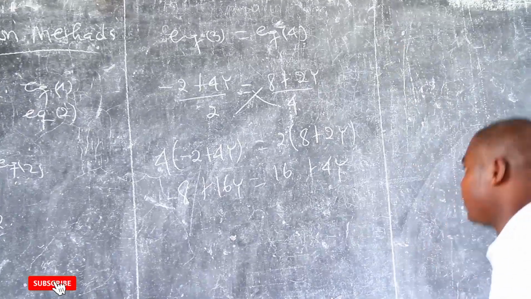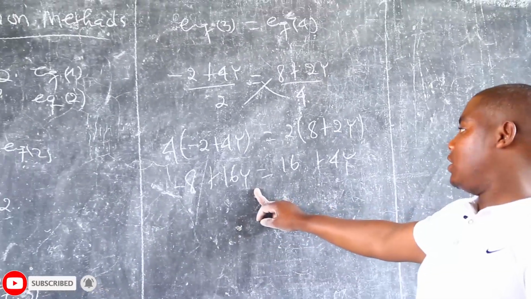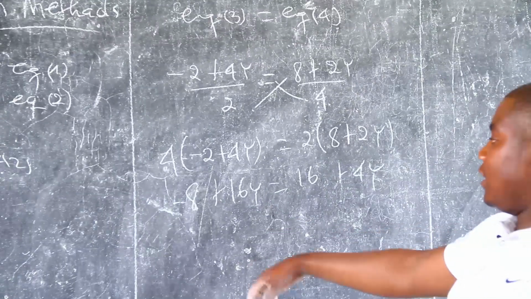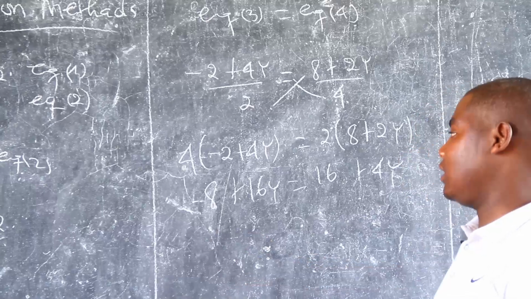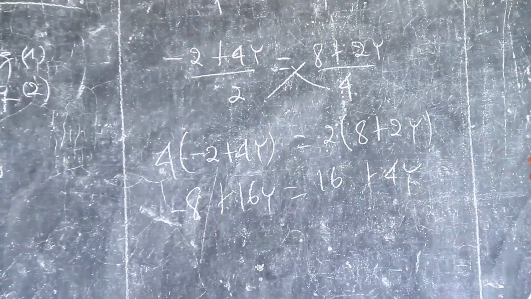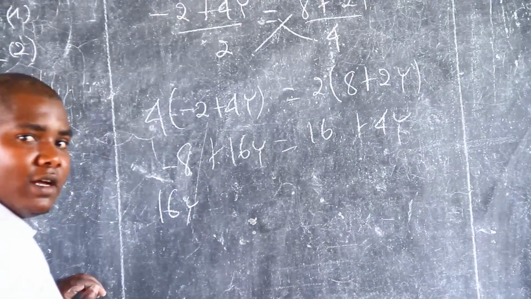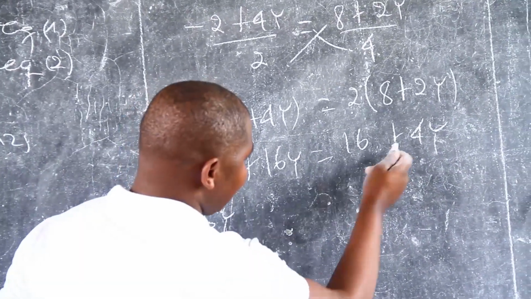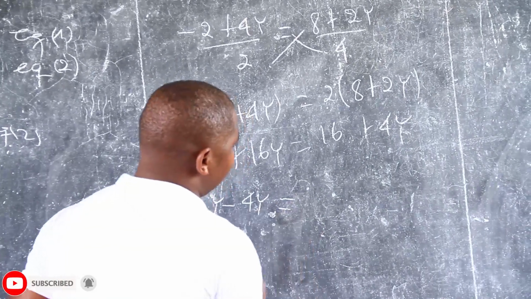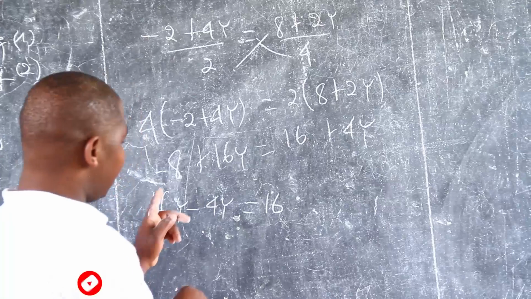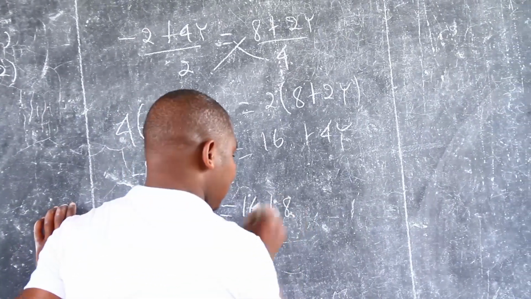Then you are going to find the value of y, because we have y, which is called the variable number, and the whole number. I'm going to arrange: the variable number on the right and the whole number on the left side. I have 16y minus 4y equal to 16 plus 8. Here I have a negative, it becomes positive 8.